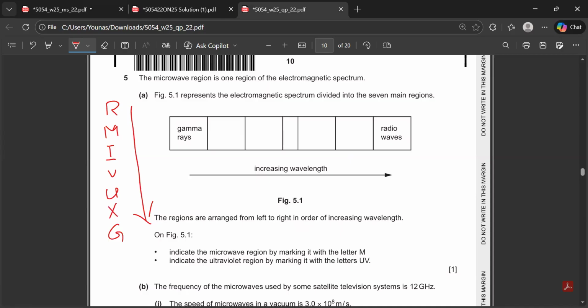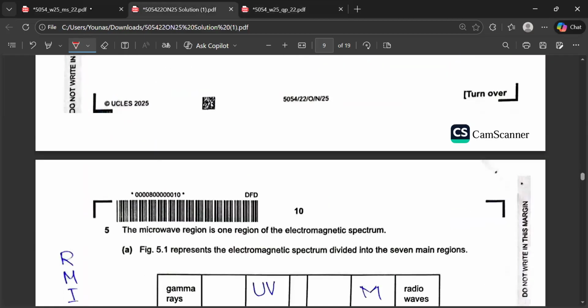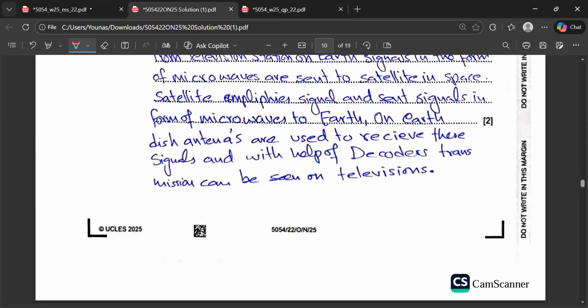On figure 5.1, indicate the microwave region by marking it with the letter M. So the radio waves, then the microwaves will be here, and then we will have infrared, then the visible light, then the ultraviolet, and then the X-ray. So they ask us to write this. It's a 1 mark question. Let me show you. I have also done this. Okay, so here we go.